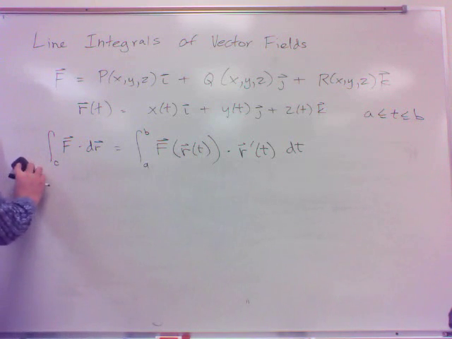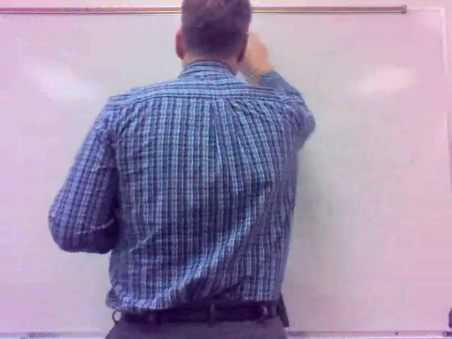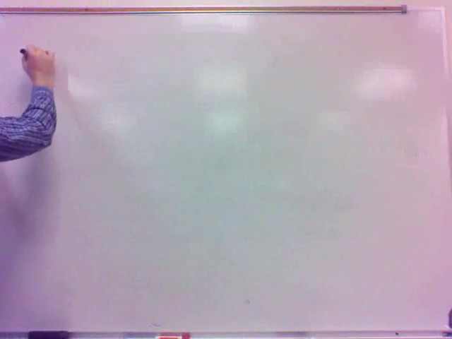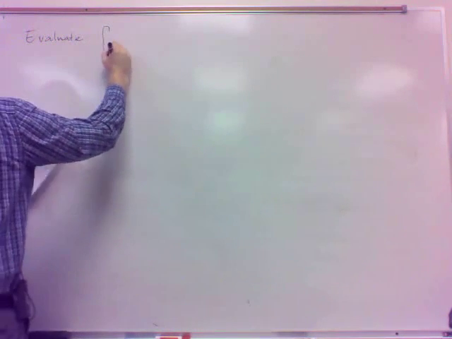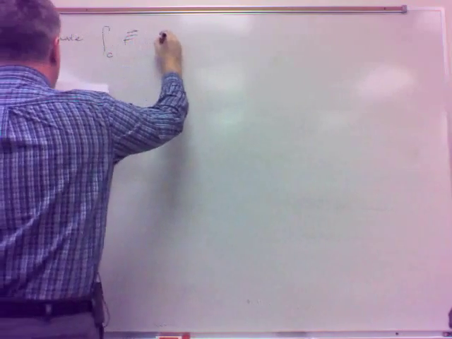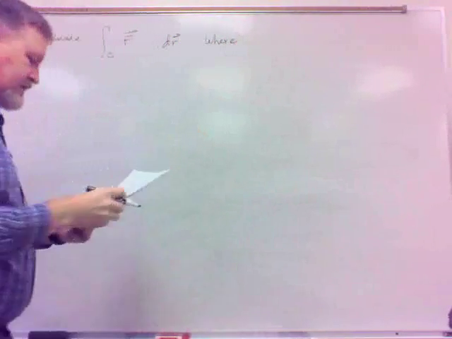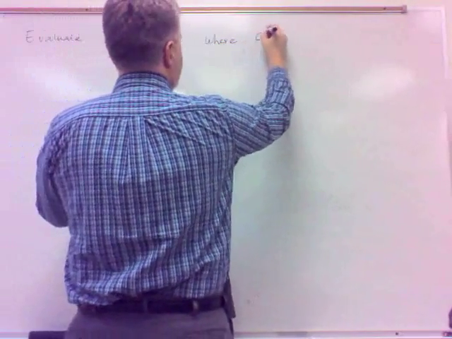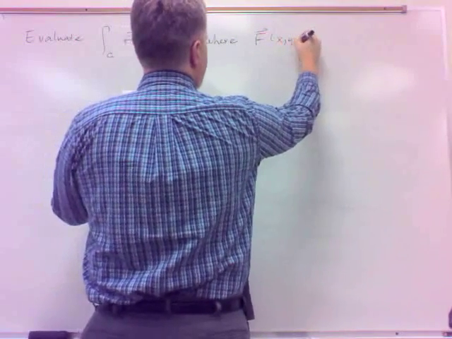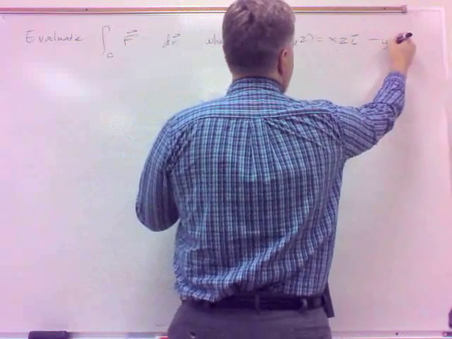So let's see. Let me get my example written up here. Okay, so evaluate the integral of F dot dr, where F of x, y, z equals xz i minus yz k.